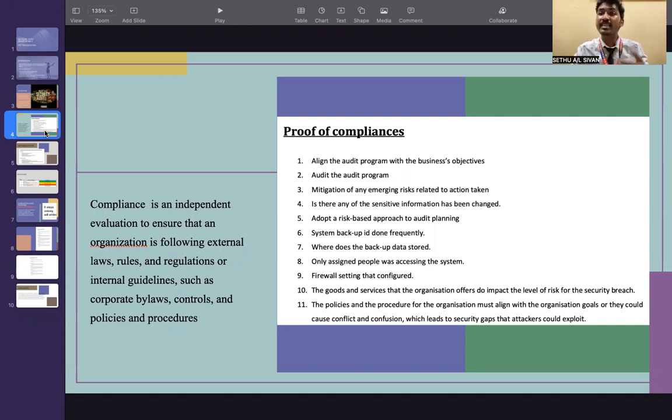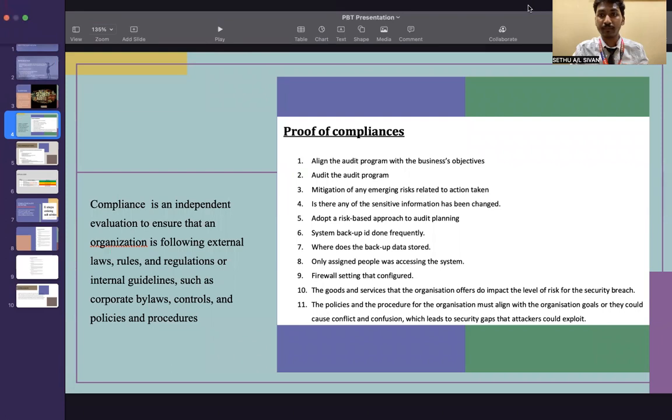Is system backup done frequently, and where is the backup data stored? Why are unassigned people accessing the system? Firewall settings that are configured, and the goods and services the organization offers, determine the impact level of risk for a security breach. The policies and procedures of the organization must align with the organization's goals, or they could cause conflicts and confusion in the company, which leads to security gaps the attackers could exploit.